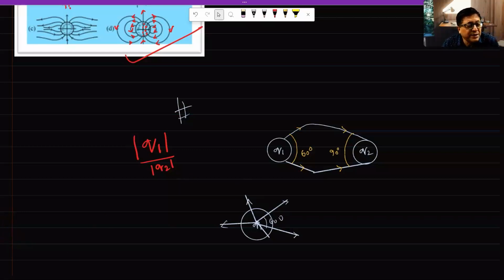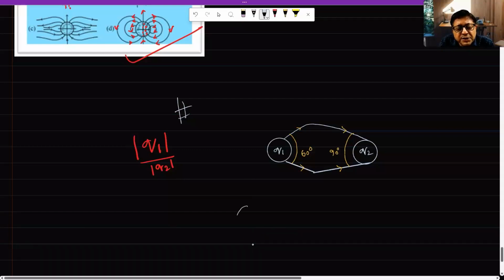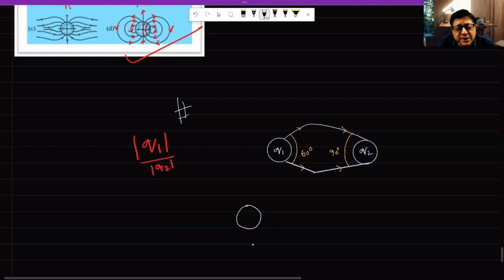Wait a minute. So for this Q1, if we draw electric lines of forces, Q1 is at the center. Total angle about Q1 will be 360 degrees. So how many lines of forces can come out of it? 6 lines of forces that you can draw.